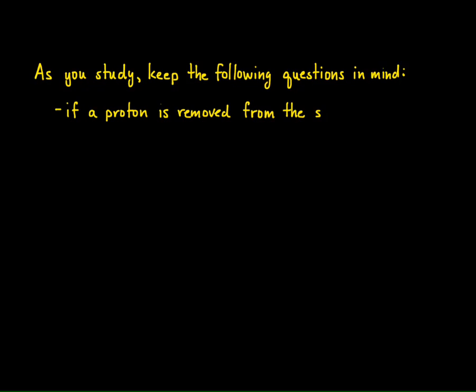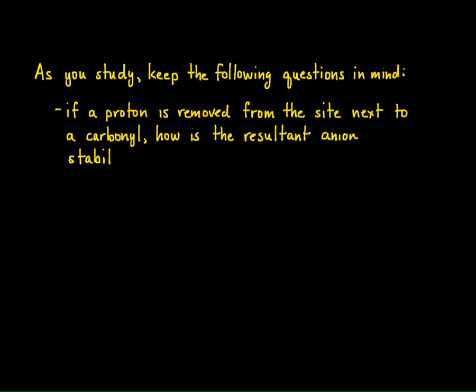So one of the things that I want you to think about as we're going through chapter 19 are the following questions. Number one, if a proton's removed from the site next to a carbonyl, that alpha carbon, how is the resulting anion stabilized by resonance?